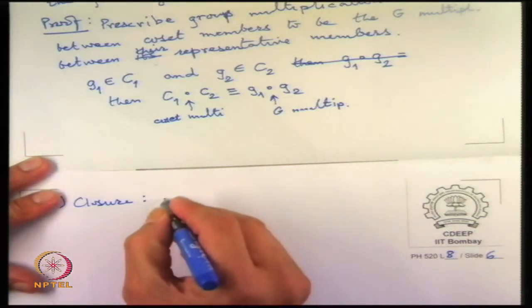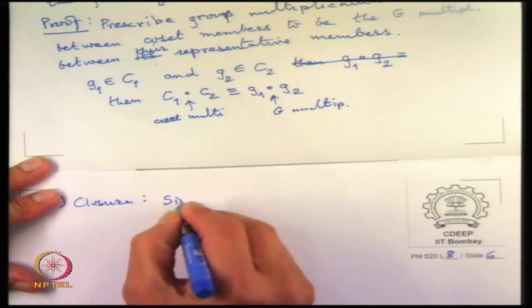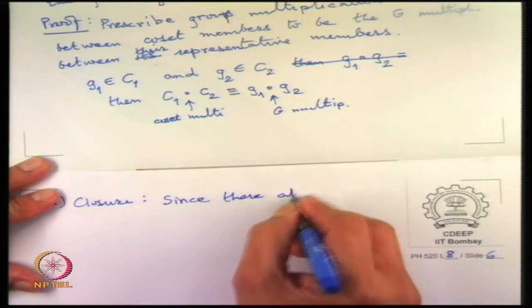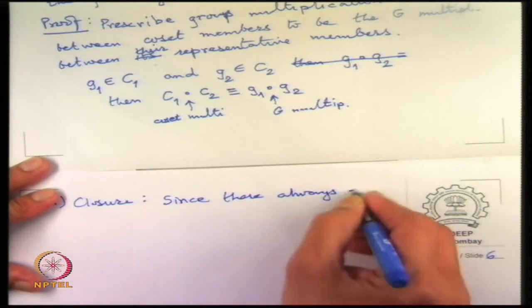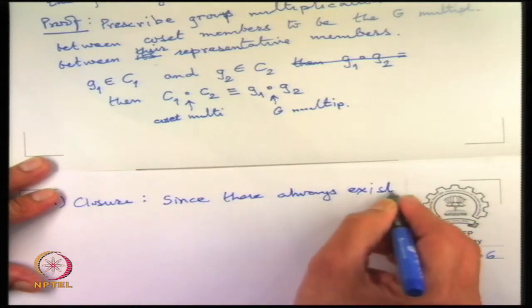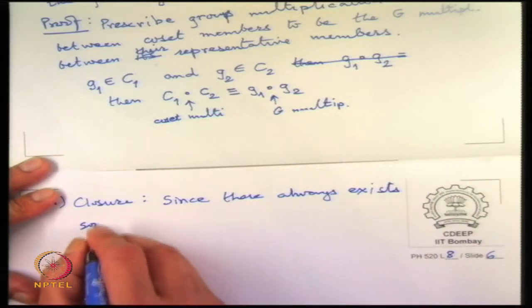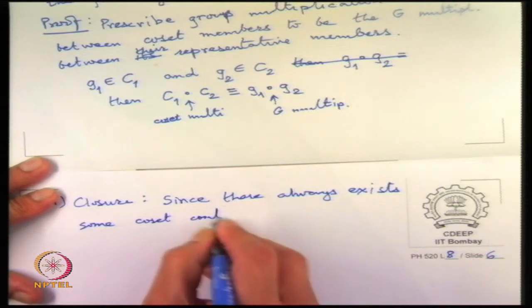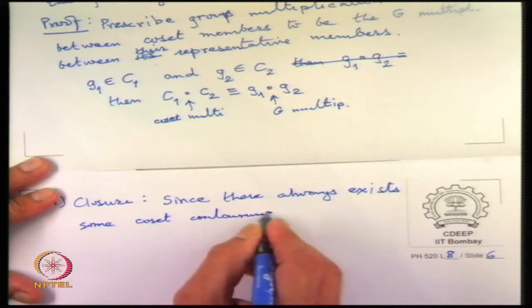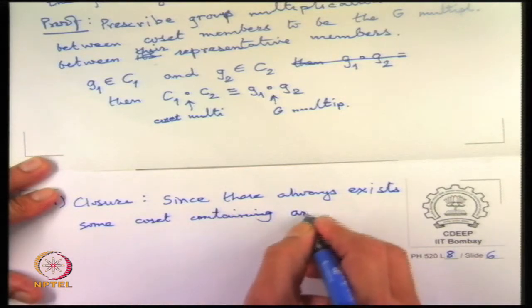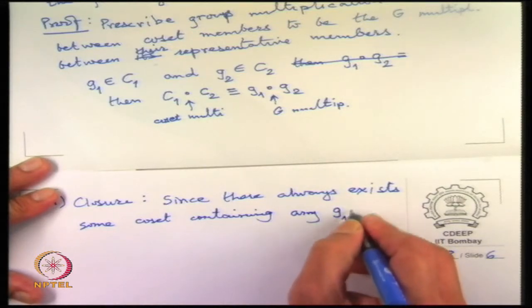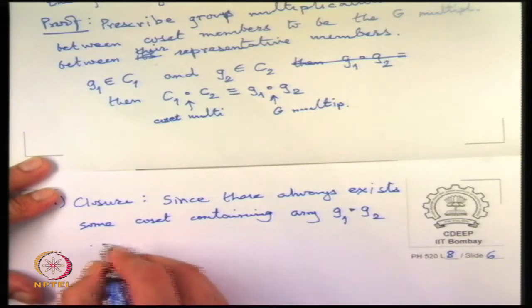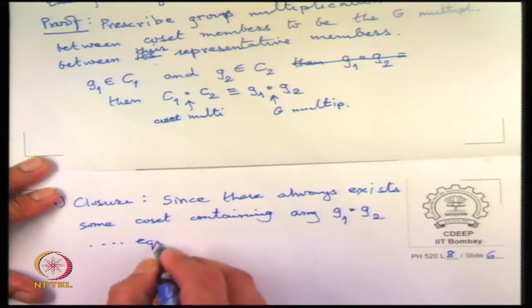So there always exists some coset containing any G1 G2, due to the equivalence classes property.